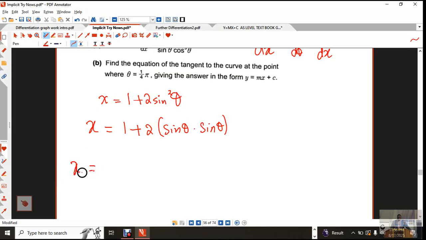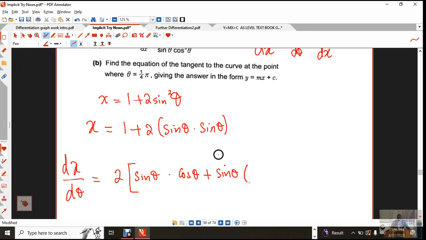So with the product rule, dx/d theta will be the derivative of 1, which is just going to be 0. Then I have got 2 multiplied by the derivative of whatever you have got in here. So I can think of this as the first function: keep the first, times the derivative of the second, which is cos theta, plus the second, sine theta, times the derivative of the first, which is going to be cos theta.